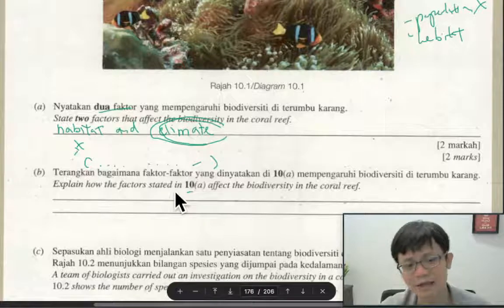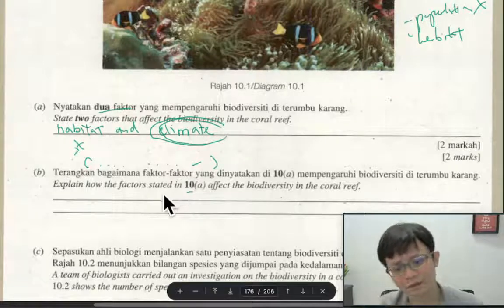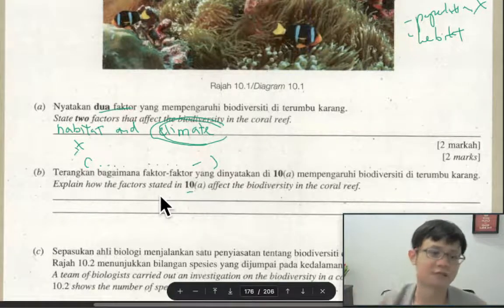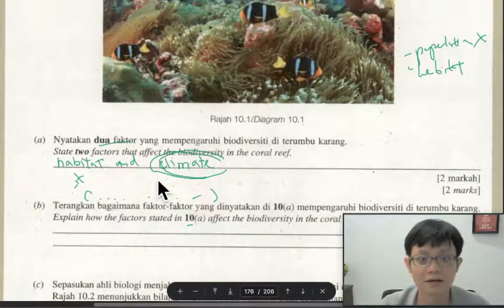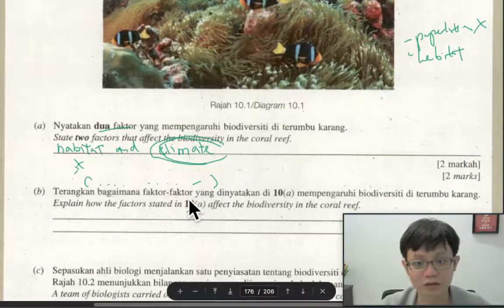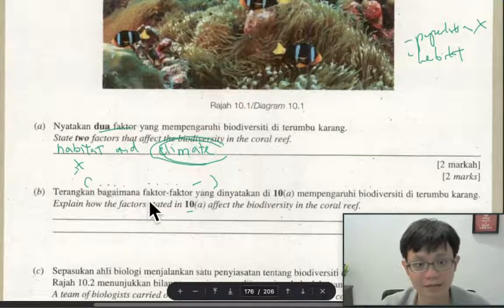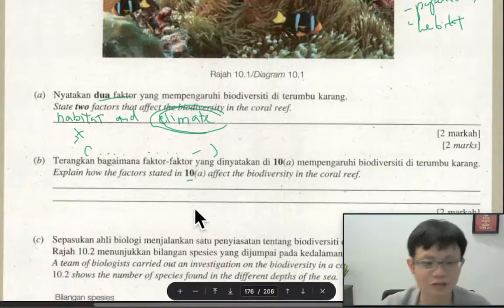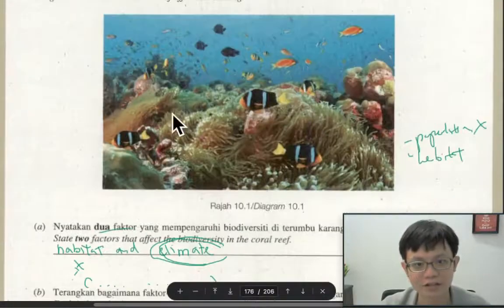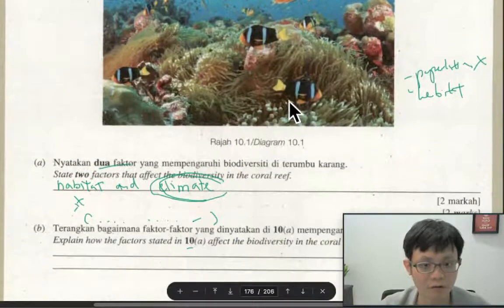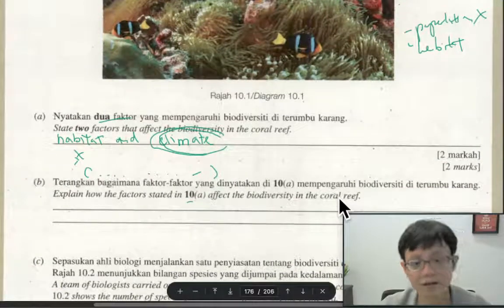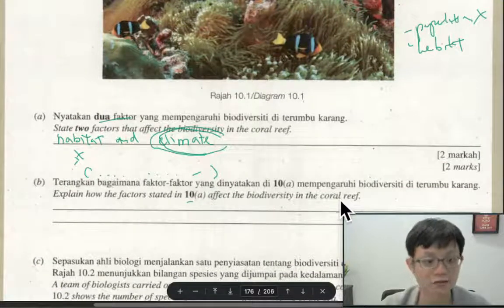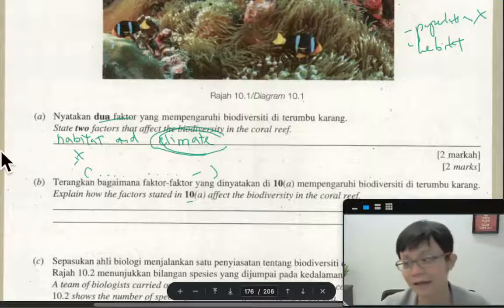For me, I would say something like, the clean water and suitable temperature ensure the coral reef has an abundance of nutrients and a suitable temperature to grow, anything.